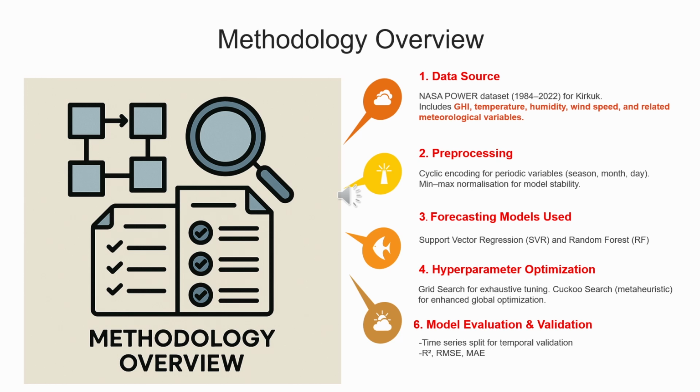The model evaluation and validation includes time series split for validation. We use time series here in this paper also. For evaluation, we use three criteria: R-square, RMSE, and MAE.